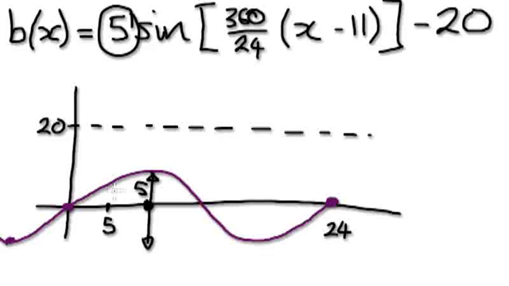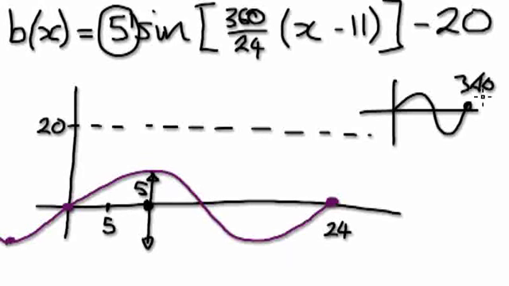Okay, and then we started out with this sine of x here. We then changed the period. Remember, sine of x normally has a period of 360, but then we changed it to 24, and then we changed the amplitude, and then we moved it up.